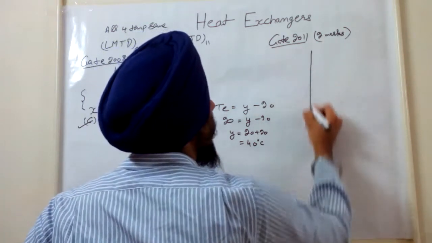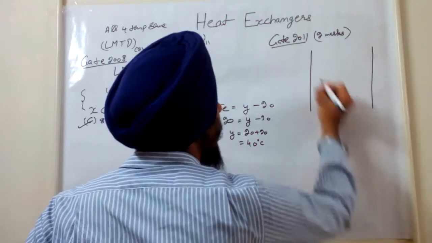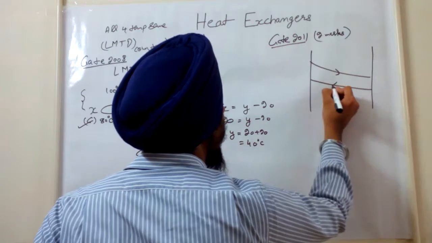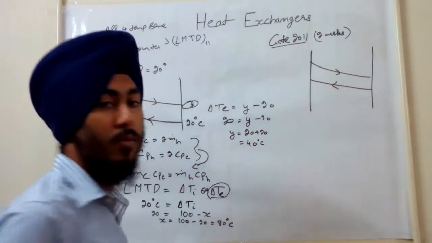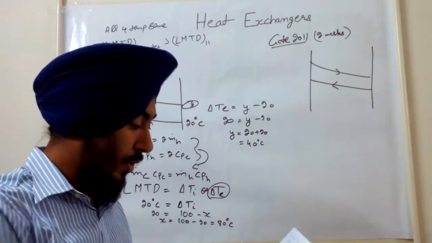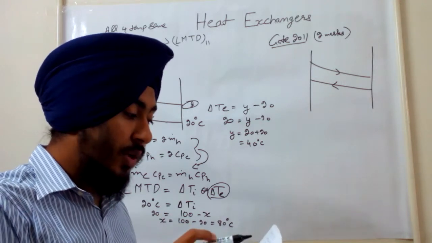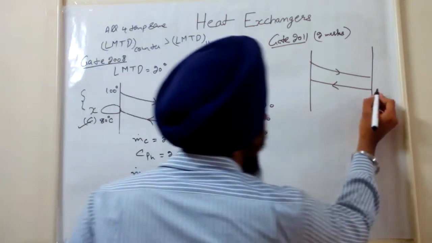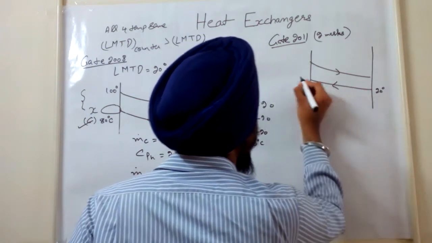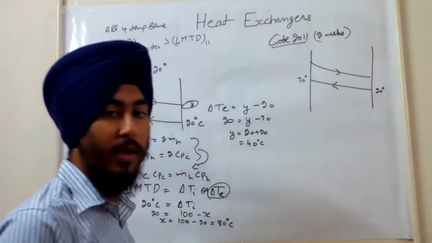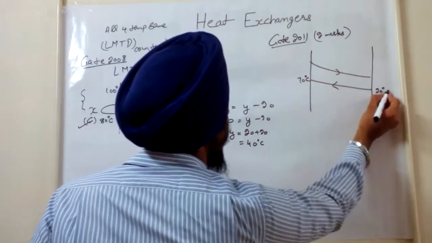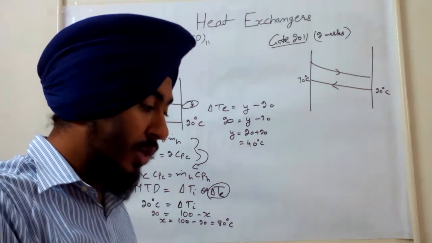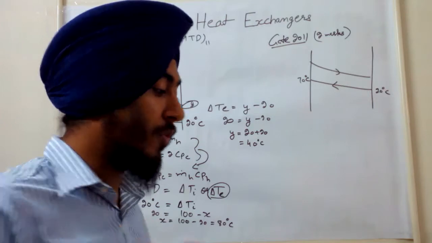I told you, make temperature profiles, counterflow. It is given cold water is heated from 20 degree to 70 degree, and they have given mass flow rate is 0.1 kg per second.